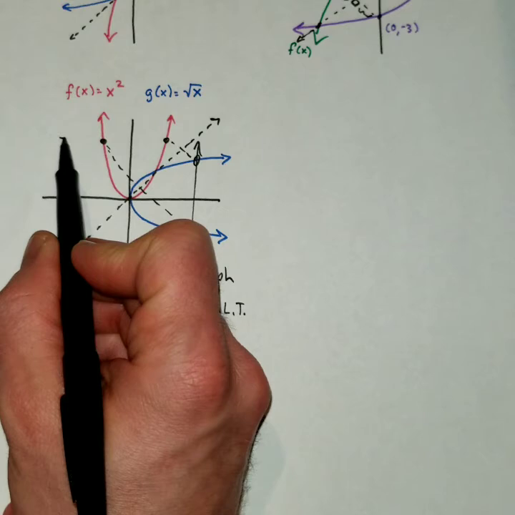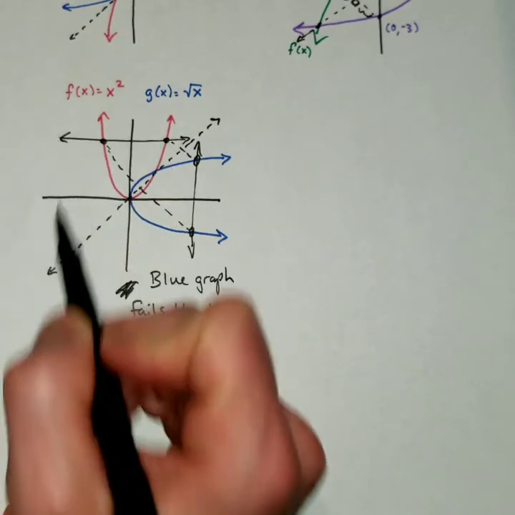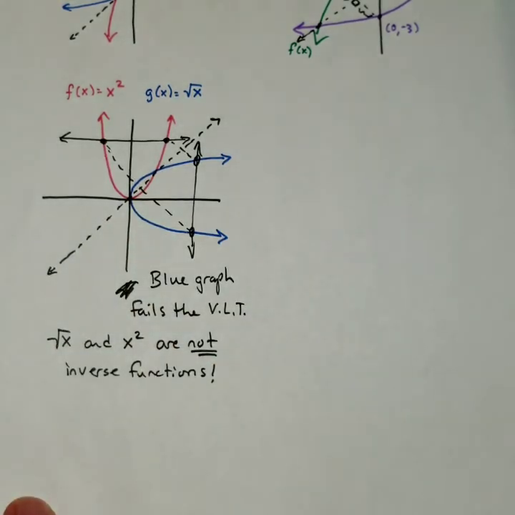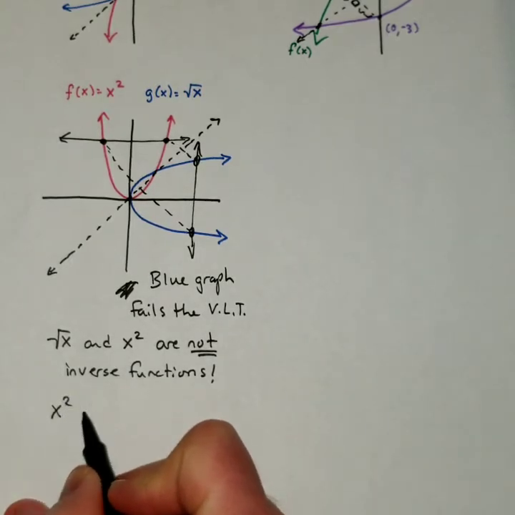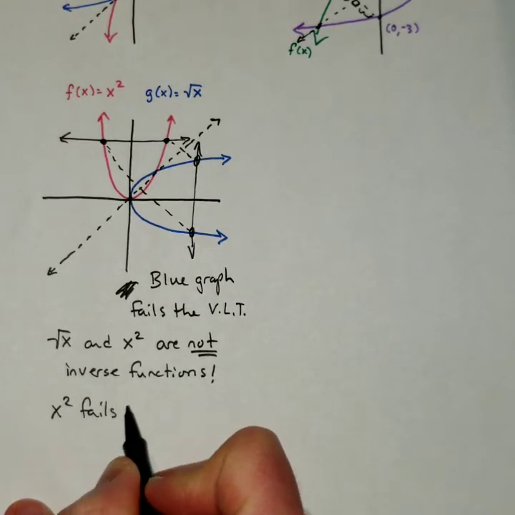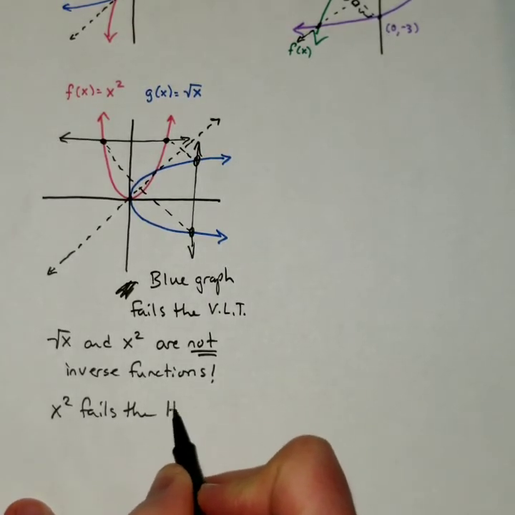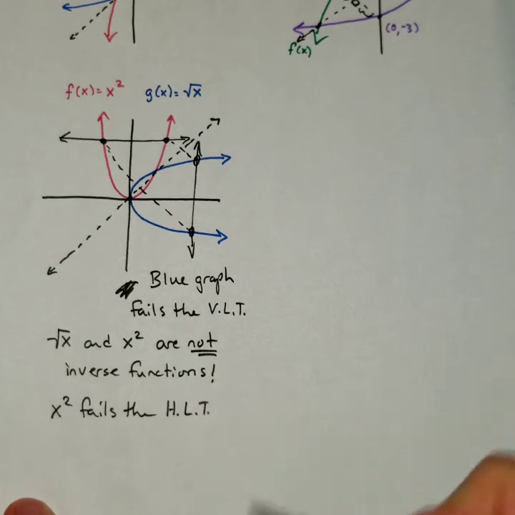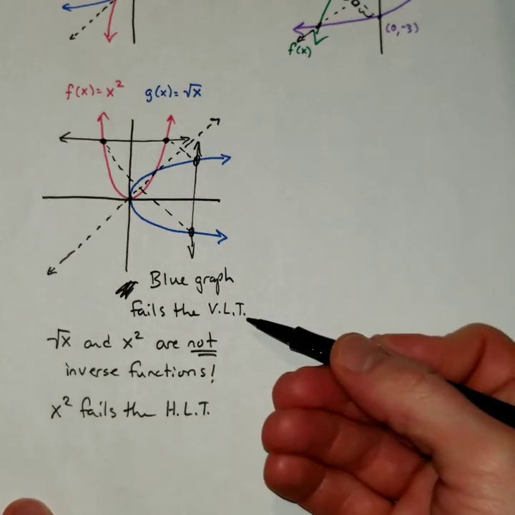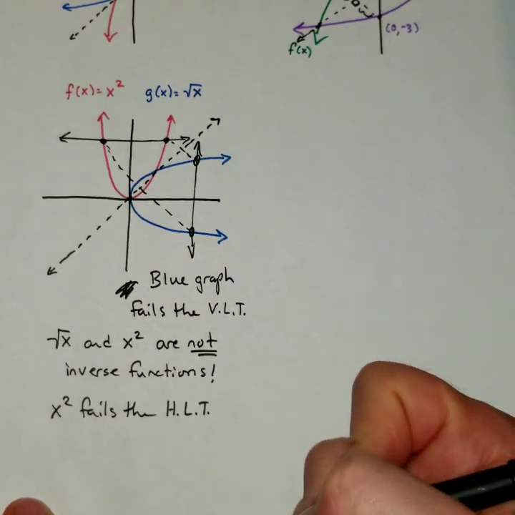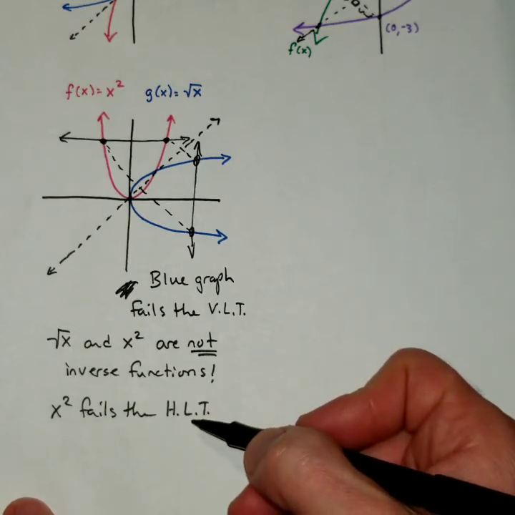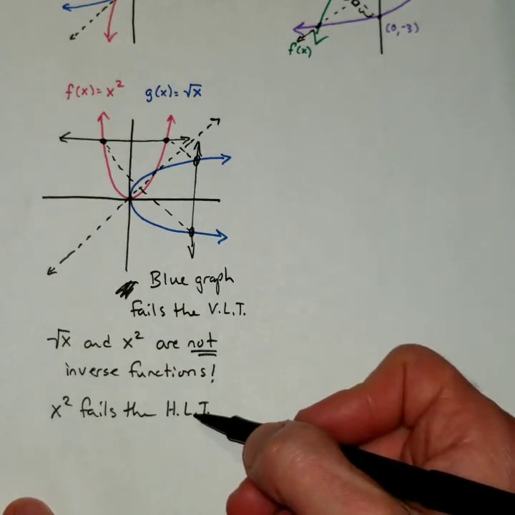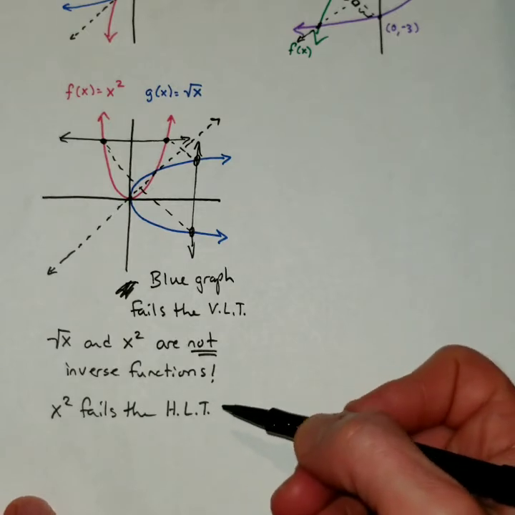Okay, and so they fail what's called the horizontal line test. So x squared fails the horizontal line test. It's similar to the vertical line test we learned before, just with horizontal lines. And what you'll find is that if a function fails the horizontal line test, it will not have an inverse.